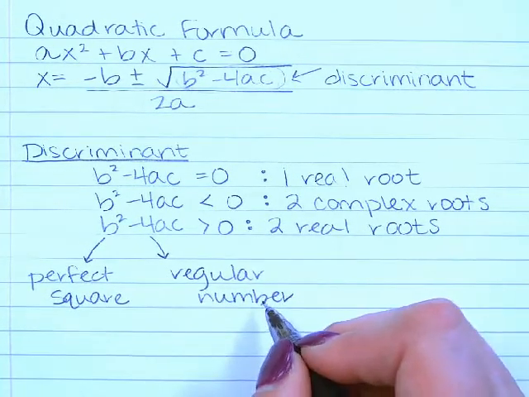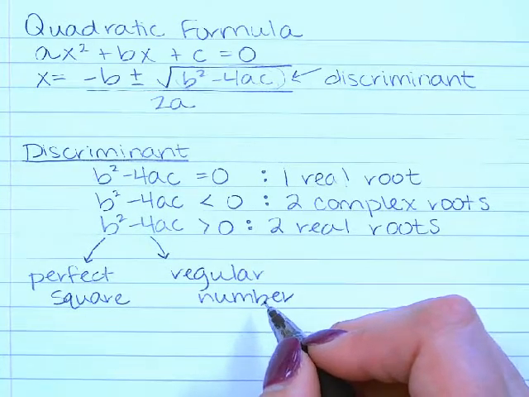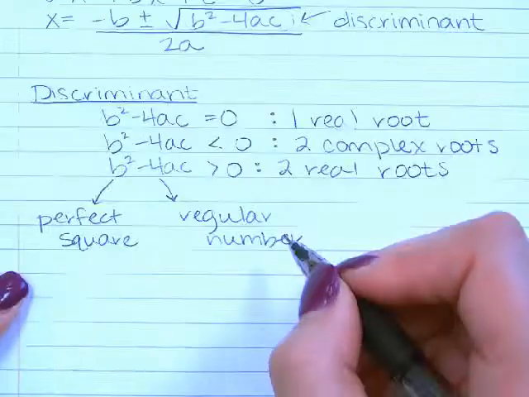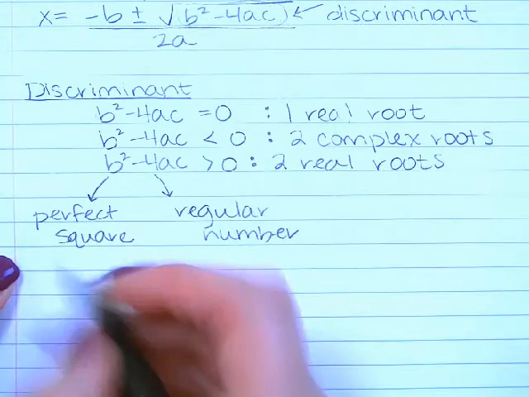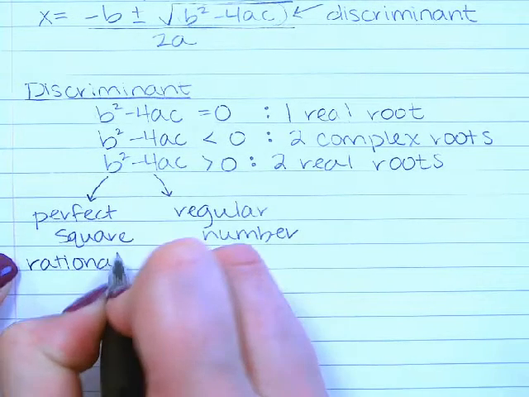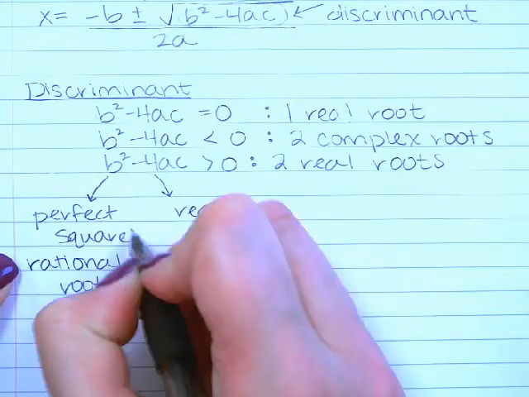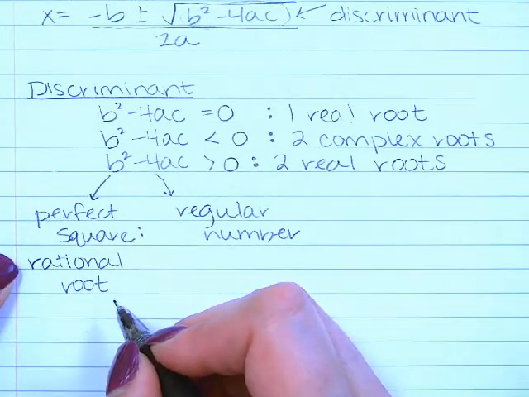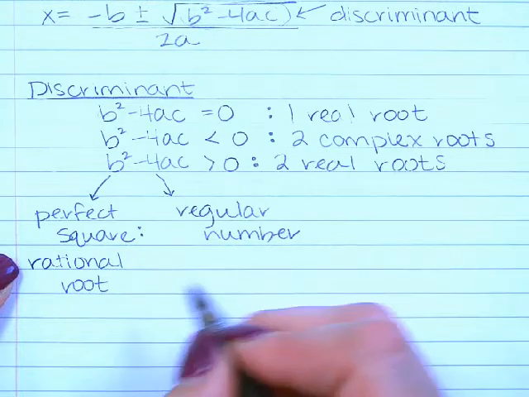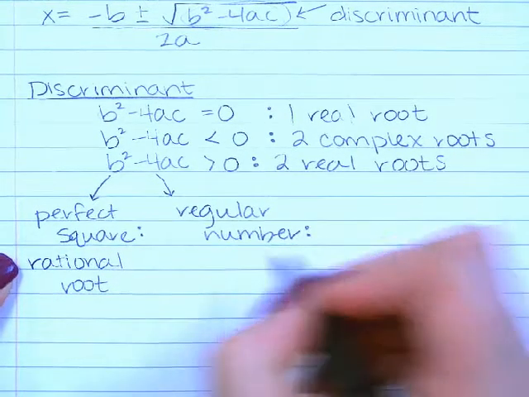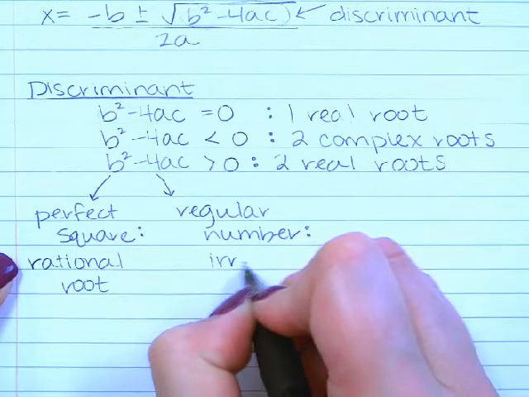A regular number would be like 30, or 52, or just something you can't take the square root of without getting a decimal. So if you have a perfect square number, then you're going to get a rational root. So a perfect square is going to give you a rational root, so you're going to end up having an x-intercept that is either a whole number or a fraction. If you have a regular number that you're square rooting, you're going to get an irrational root.